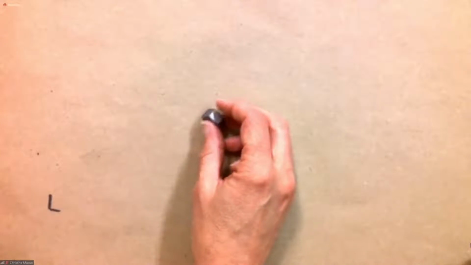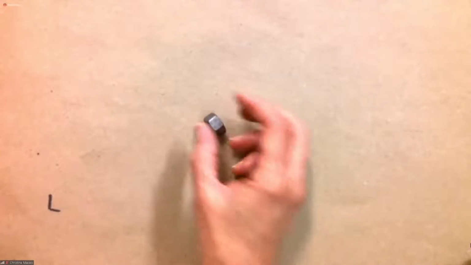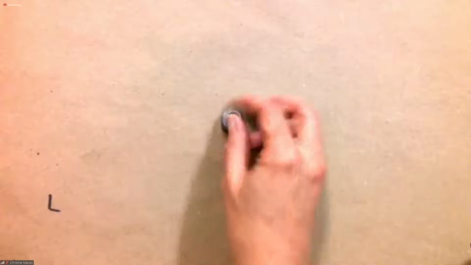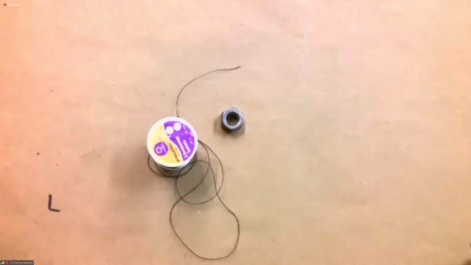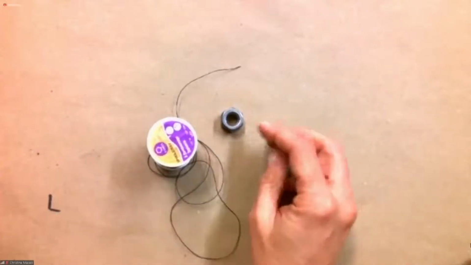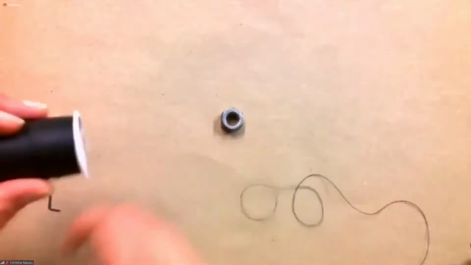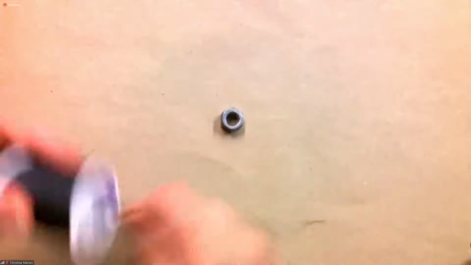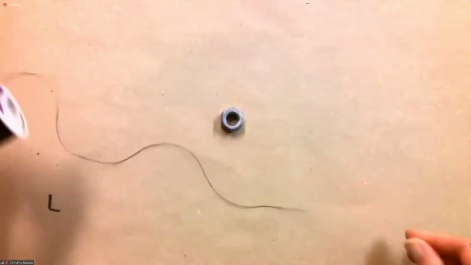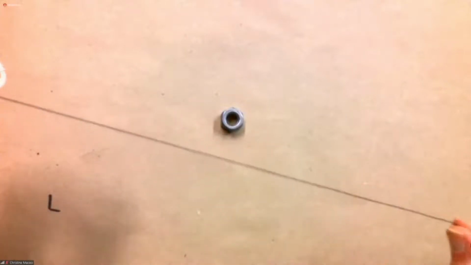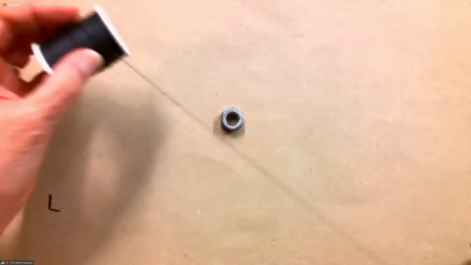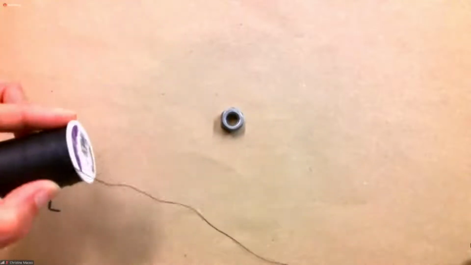Actually, I'm in Annapolis, Maryland, so for me, it's nighttime. And some thread. And the first thing we're going to do is just pull out a length of that thread. So I would say about a 1/2 foot. It doesn't have to be exact.